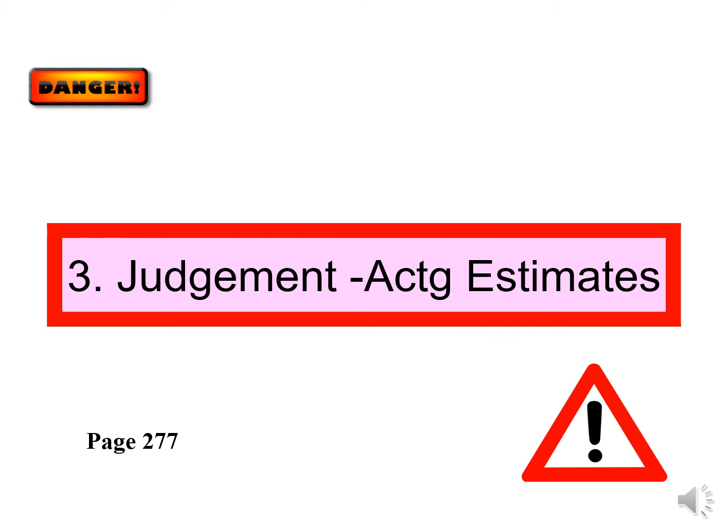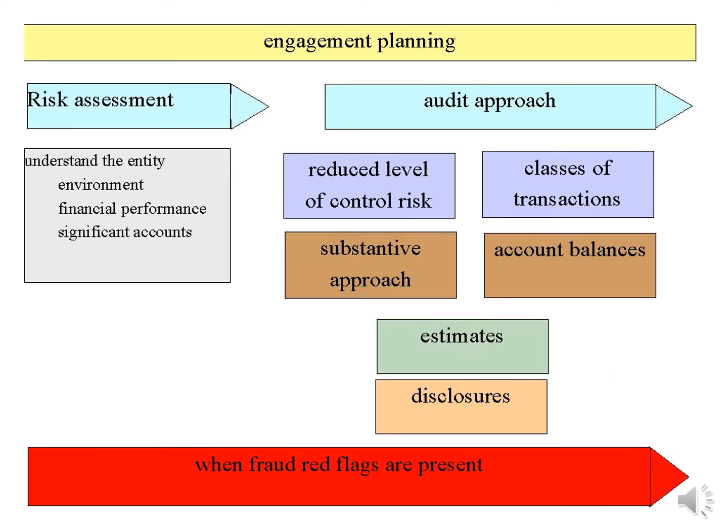Judgment. Estimates. Do we really know people that have good judgment? Now, KPMG has 4 audit approaches: reduced level of control risk, substantive approach, estimates, and disclosures. They have a different audit approach for estimates because estimates are different. They're risky.